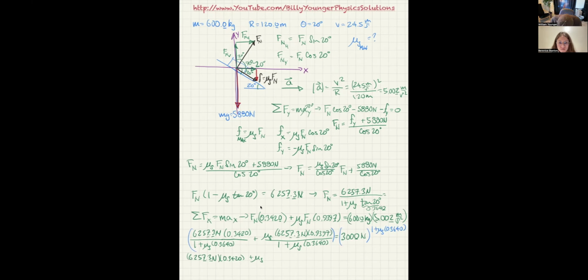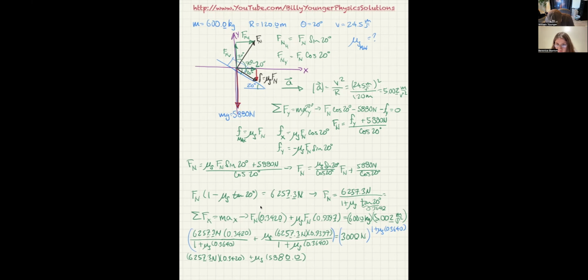That gives me 5879. And actually, that's 5880 if I round it properly, 5880.0. That's the whole numerator. I can also go ahead and do 6257.3 times 0.3420.